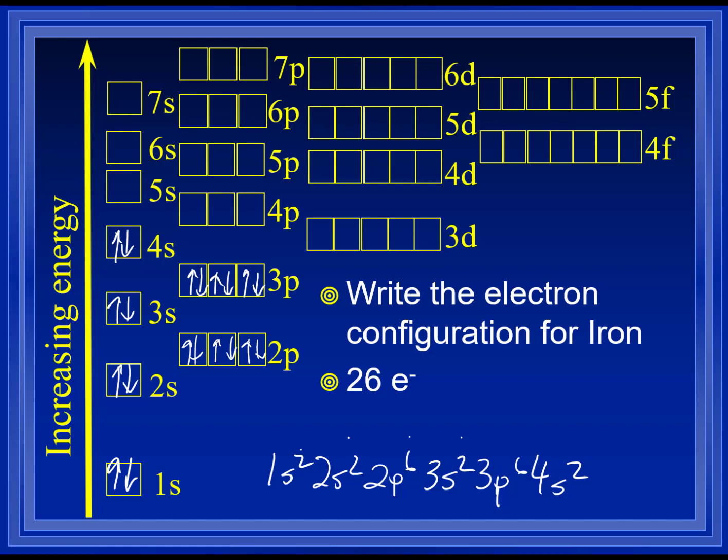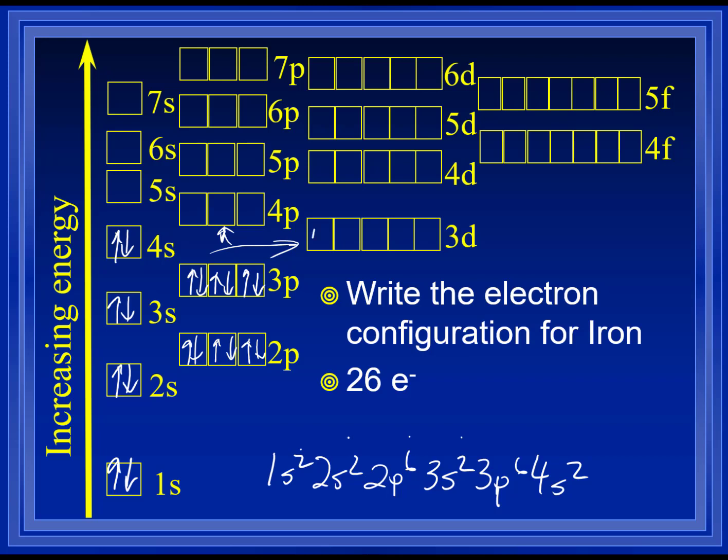And now I hit 3d before I hit 4p. So next one I fill up is 3d, not 4p. They go in energy order, not energy level order. Okay. So I'm going to put 6 into 3d. Am I going to fill it up? No, so I should do one at a time and then pair up, right?